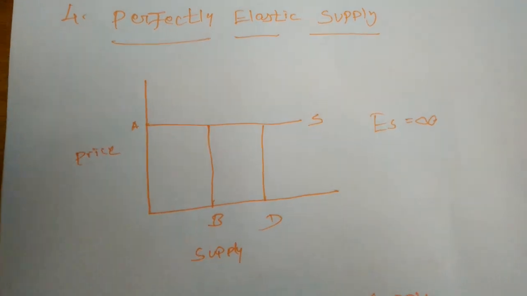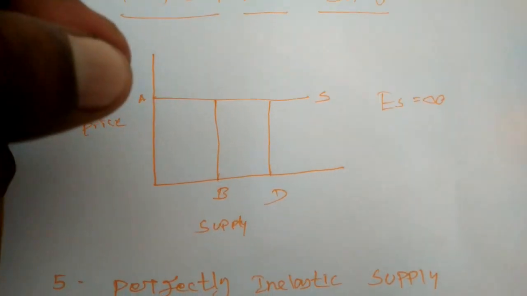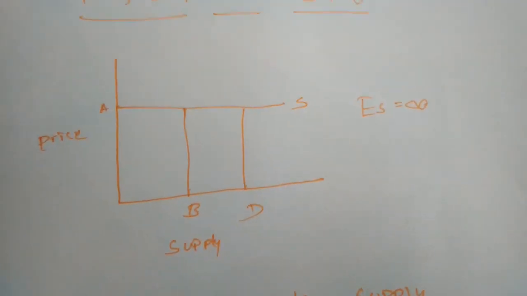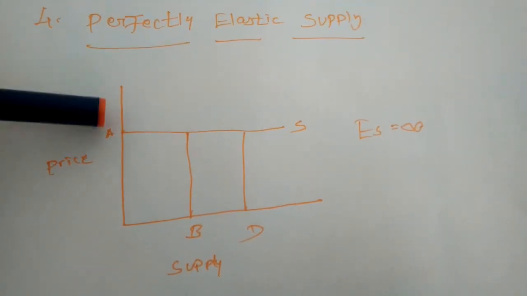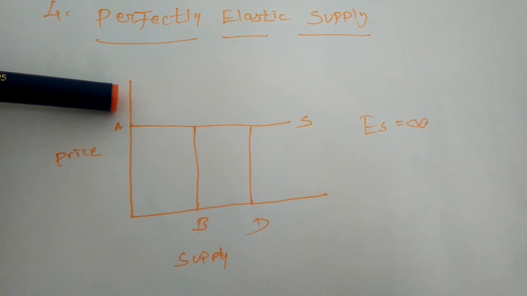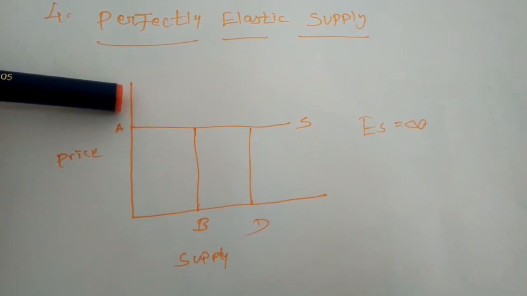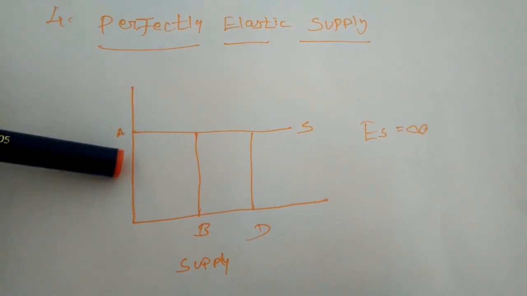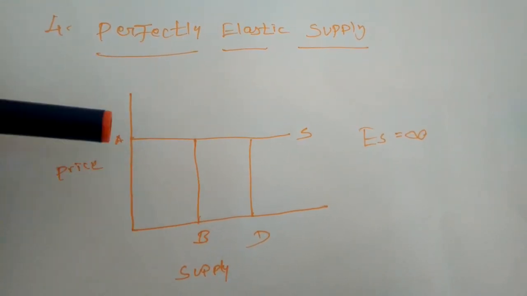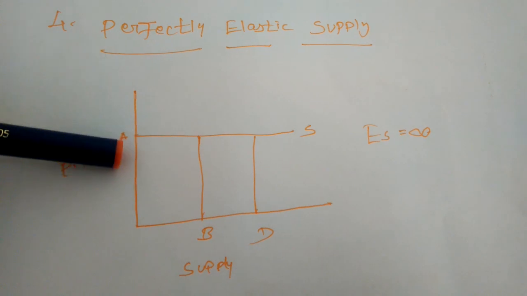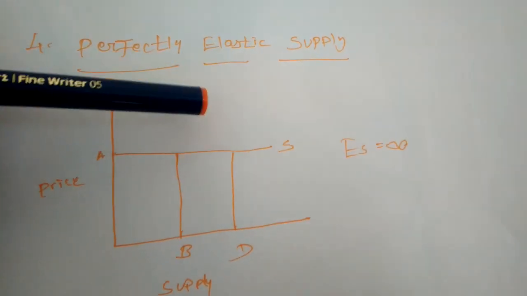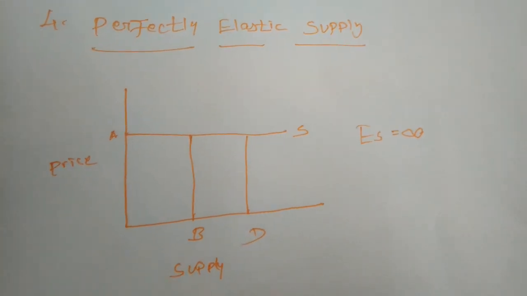So a 1% change in the price of the commodity causes an infinite change in the quantity supplied. Suppose the price of the commodity increases just 1% from any one of the points, the supply will increase infinitely.